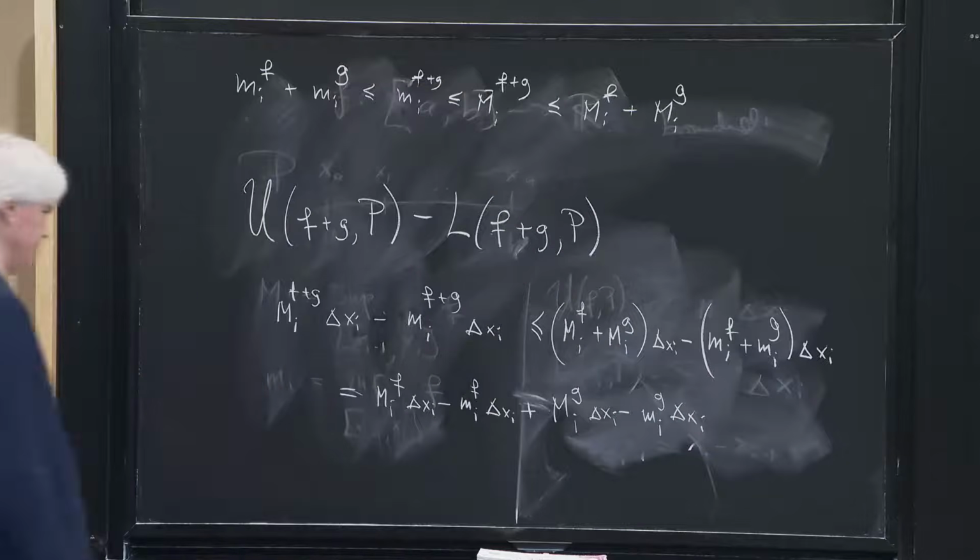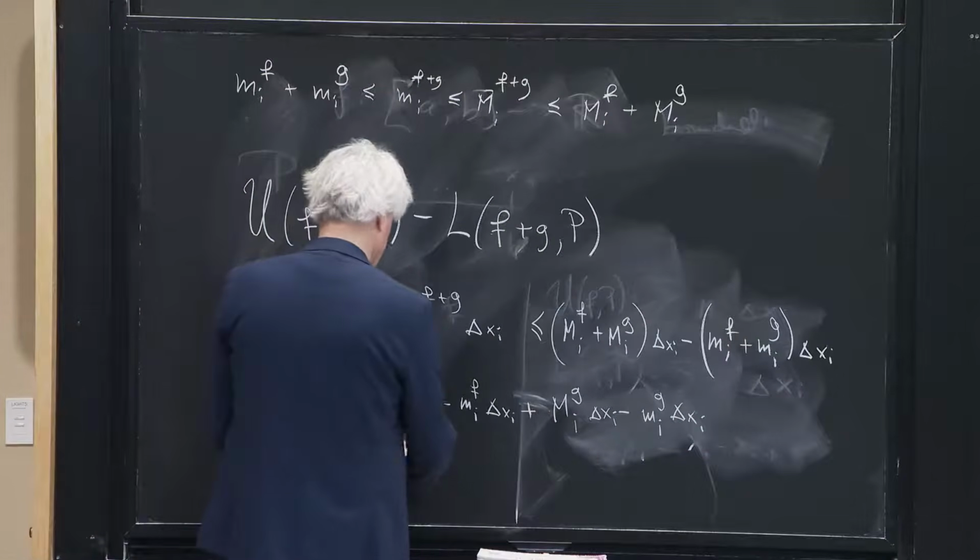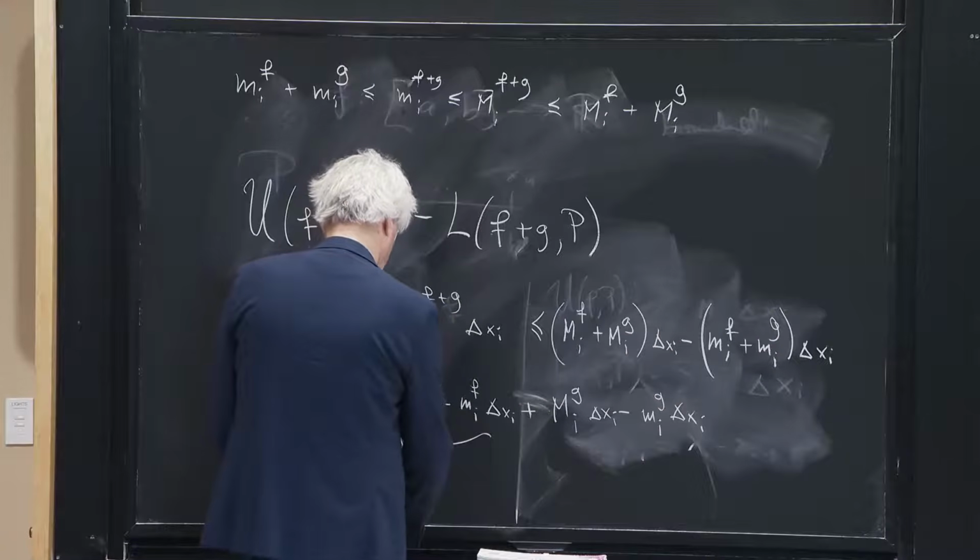So when you're summing these up, you get U(f, P).